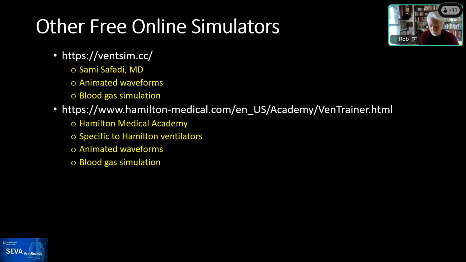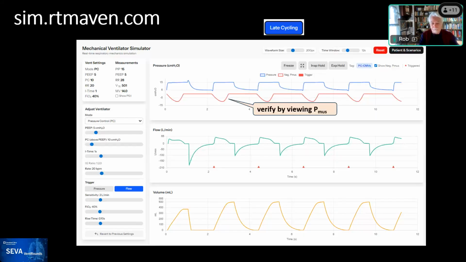I would comment, if you go just to this image, a common item. Remember, these are idealized waveforms, and an important thing on late cycle is that sometimes we think you're going to see an increase in pressure during the end of inspiration. And that increase in pressure depends on the ventilator that you're using or its performance characteristics.